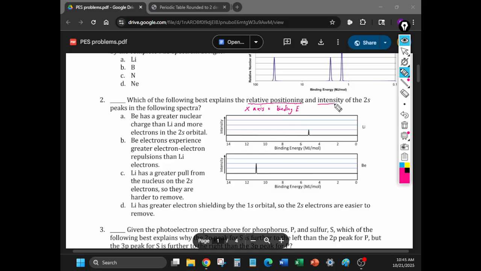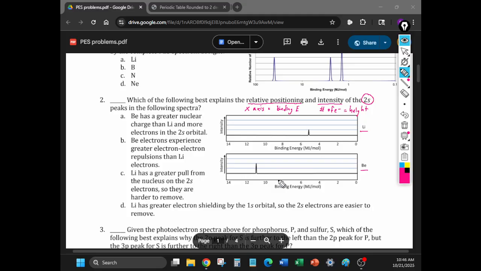And also the intensity of the peak. Intensity is basically how many electrons, so the number of electrons, which has to do with peak height. Okay, so the answer has to talk about both the binding energy and the height of the peak, which we know has to do with the number of electrons. And then it tells us that you are looking at the 2s peak for these two elements. And if you look right here, you have lithium and you have beryllium.